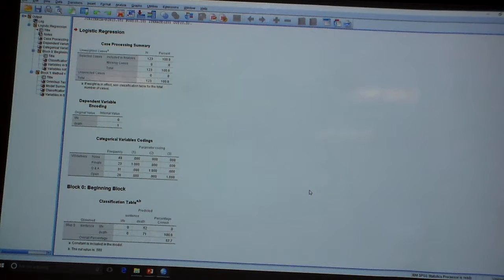And then we've got our beginning block. This is telling us about having no variables in the model. No variables in the model, not having any predictors in here, how do we go through and make a prediction on whether or not people are receiving the death penalty or life in prison, right?